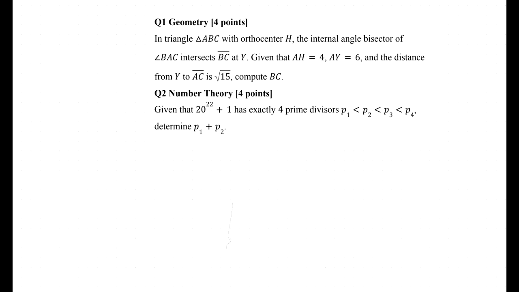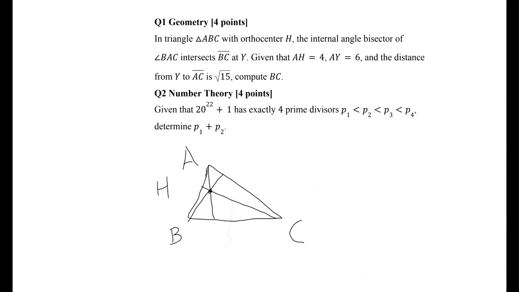So we have a triangle ABC, and the orthocenter is H. The internal angle bisector of BAC intersects BC at Y, so this will be like that.